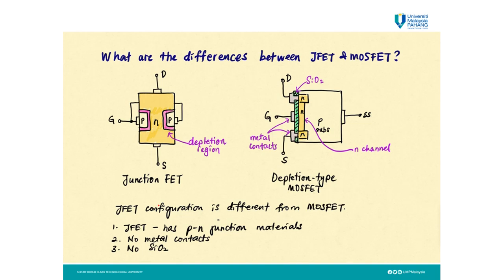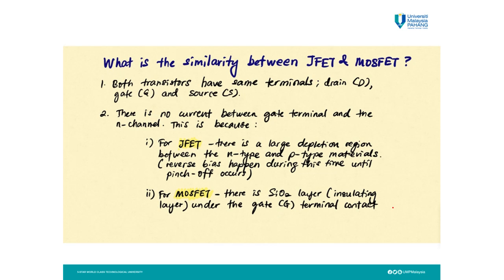The difference between these two: number one, JFET has PN junction materials and has no metal contact and no silicon oxide. This is a major difference between JFET and MOSFET. So you can say MOSFET has metal and also has silicon oxide.